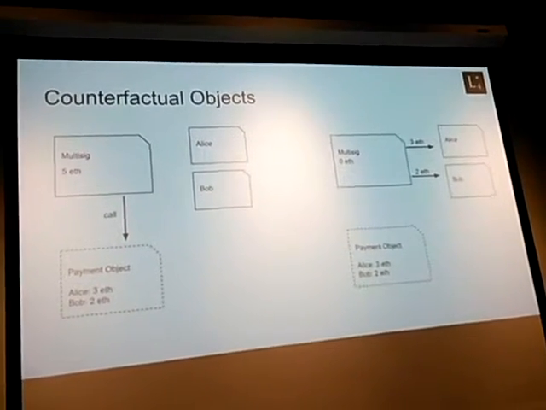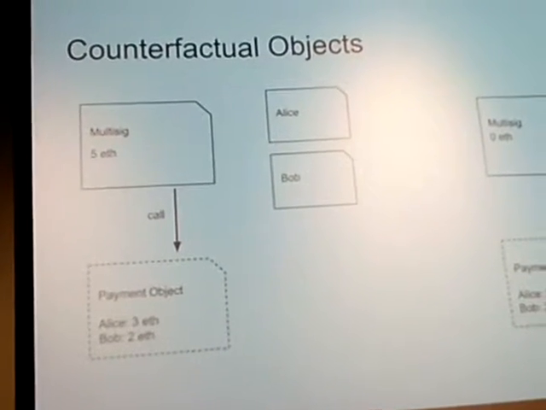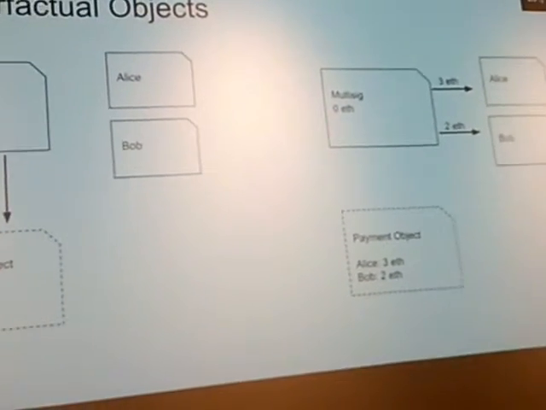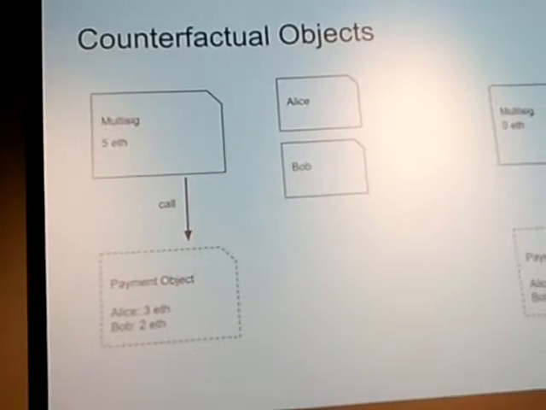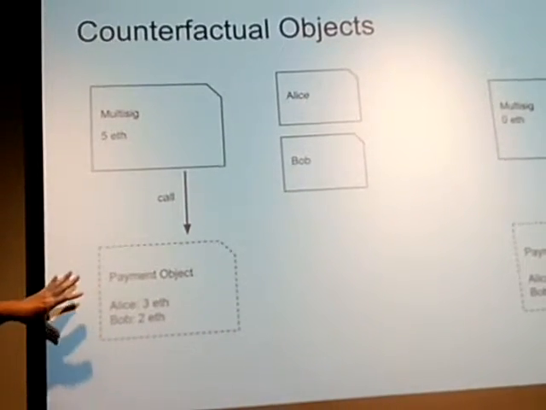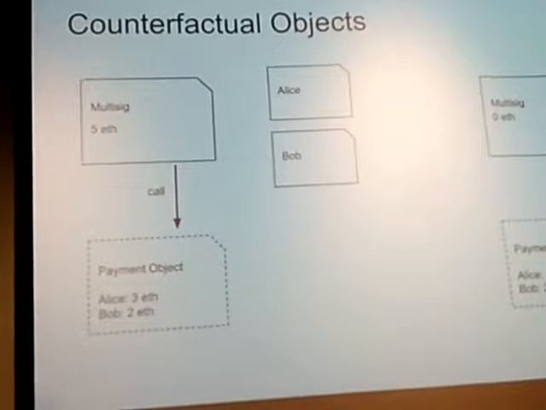So this is a diagram showing an example of a dispute within a channel in the style that we're building. There's a payment channel counterfactual object, and in this dispute, the payment channel counterfactual object has actually been deployed to chain.